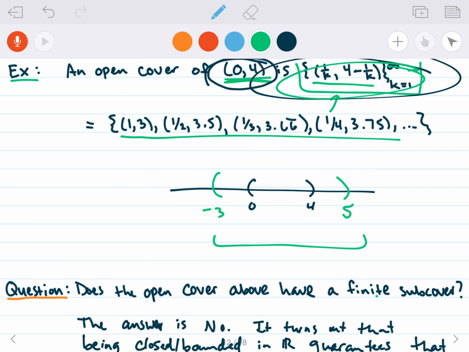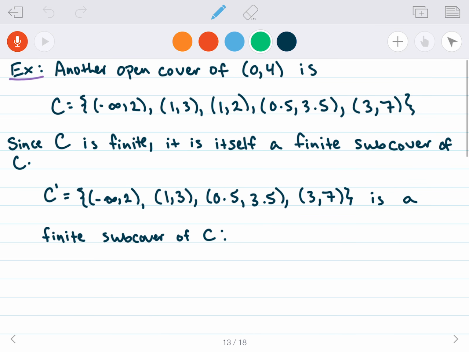Let's look at some more examples. I'm probably going to beat this like a dead horse, but fine. Just skip through it or don't watch. Okay, so let's talk about another open cover. As I mentioned, yes, we can cover an open interval with finitely many open sets.